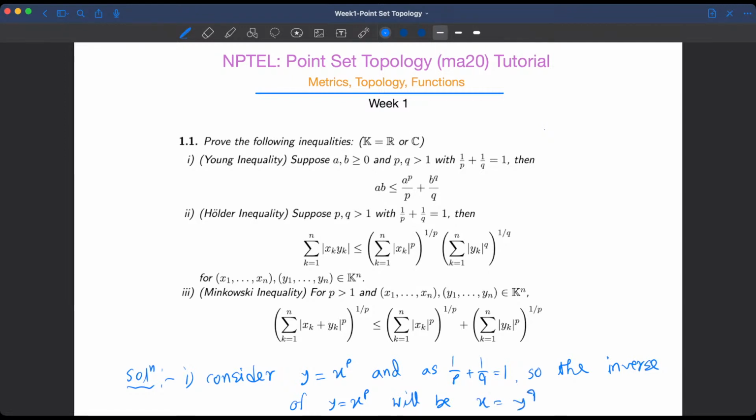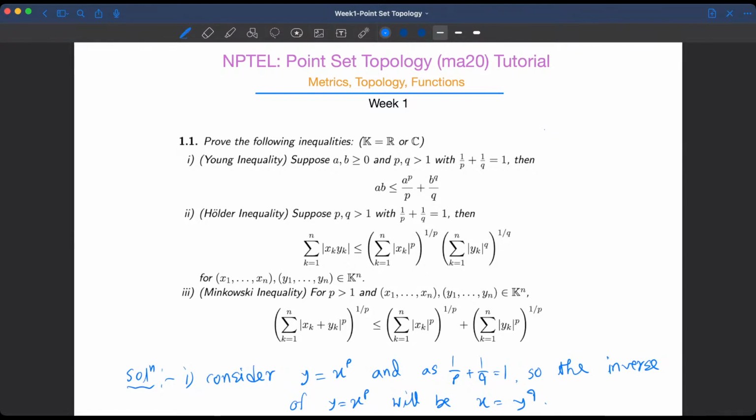Just verify this. This is x equals y to the power 1 over p, but 1 over p is 1 minus 1 by q, and from there you can see that the inverse of this function is exactly x equals y^q.